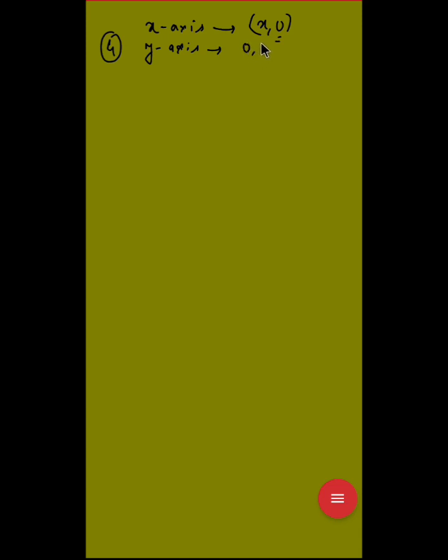So we are going to apply the following concept: on the y-axis the x coordinate will be 0, on the x-axis the y coordinate will be 0.